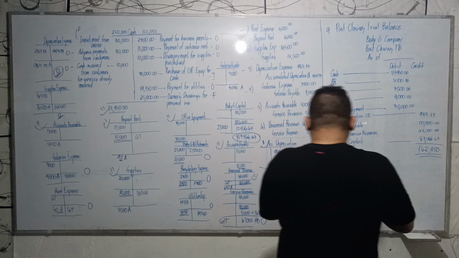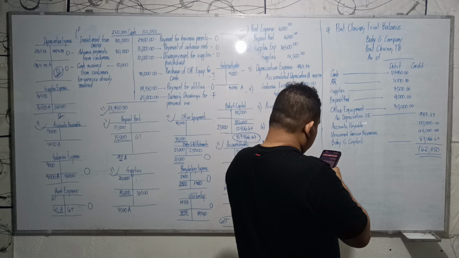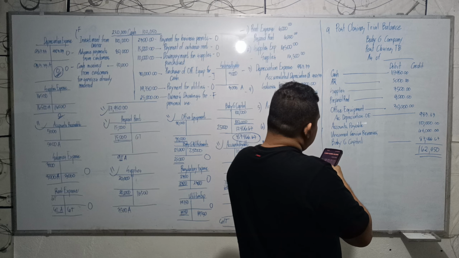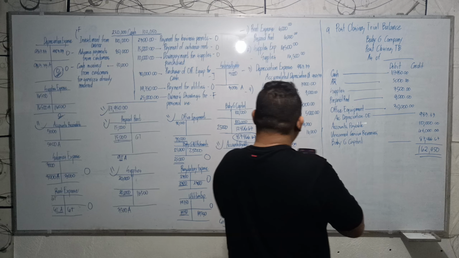And on the debits, let's hope that it's balanced. 117,950 plus the 5,000 AR and plus 3,500 plus 9,000 plus 30,000. Oh no. What's the other 3,000?